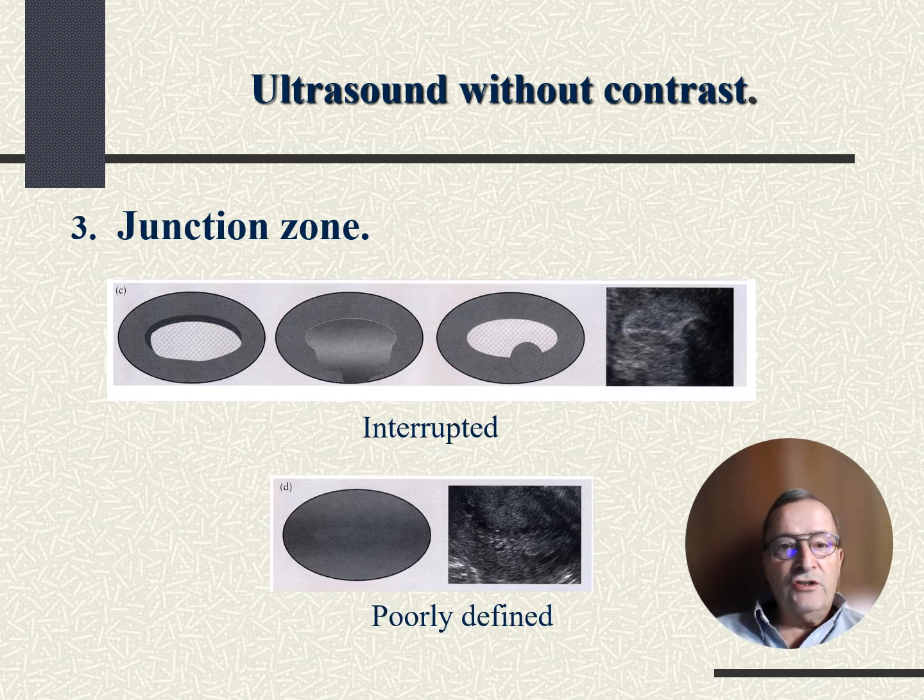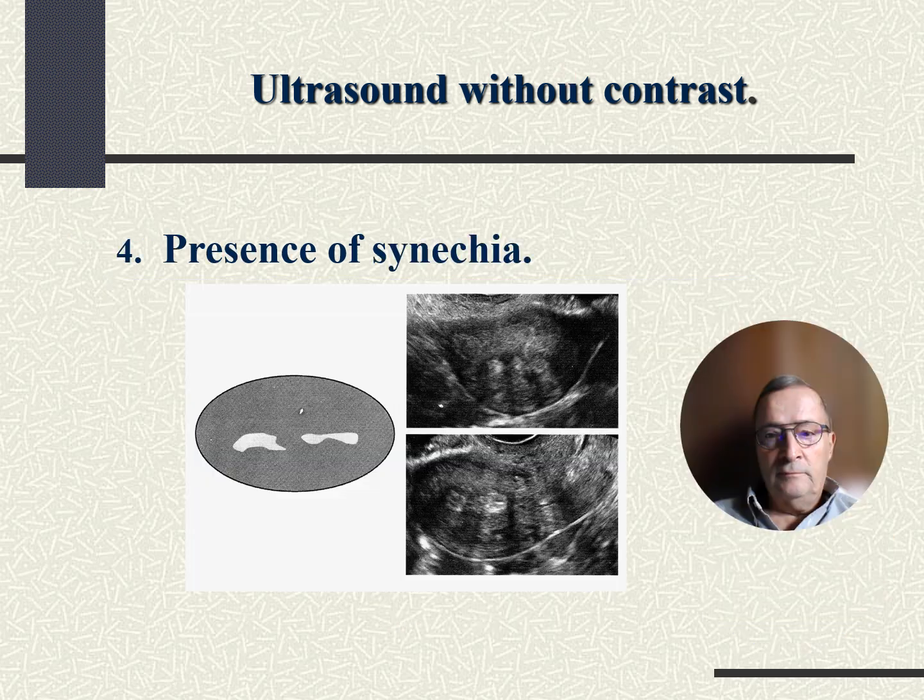This junctional zone could be interrupted, as you can see in these 3 examples, and in this example, it's probably related to fibroma. And as I said before, the junctional zone could be poorly defined, as we can see in the adenomyosis.